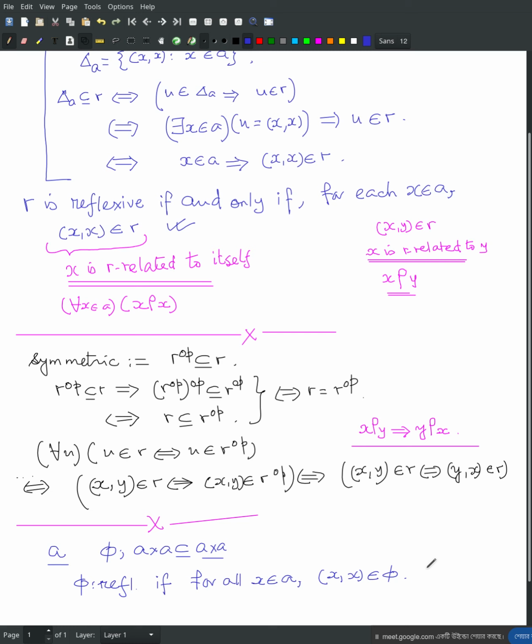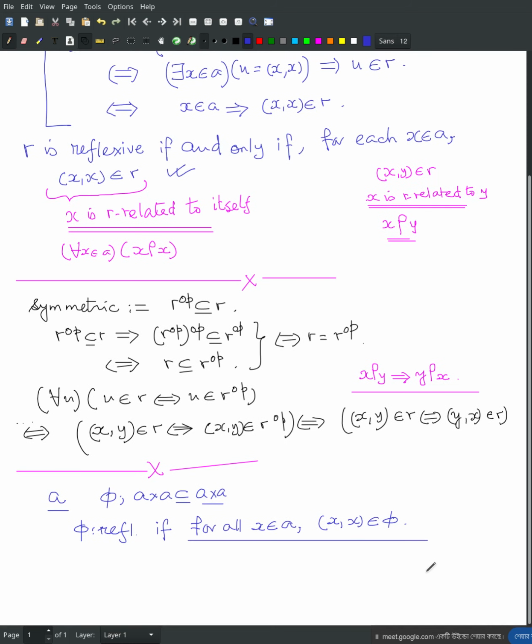If A is empty, A cross A is obviously empty. Right? If A is empty, so this is true, this can be true, the valuation of this is true if and only if A is empty.